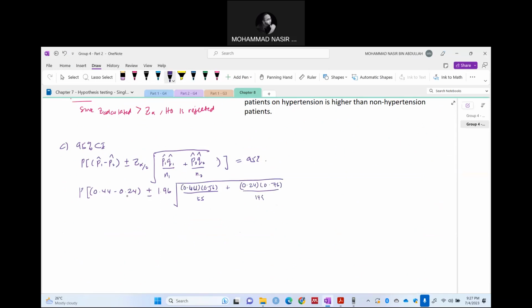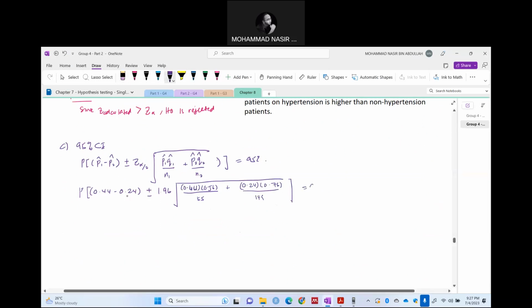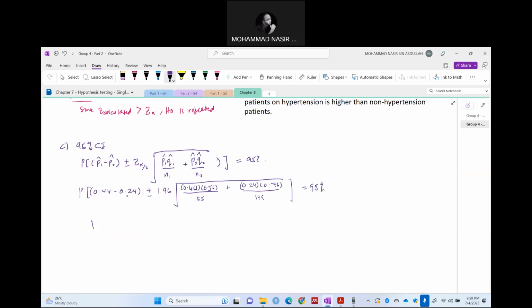Okay. So if you calculate correctly, it should be equal to the probability of 0.052 less than P1 minus P2 less than 0.348.